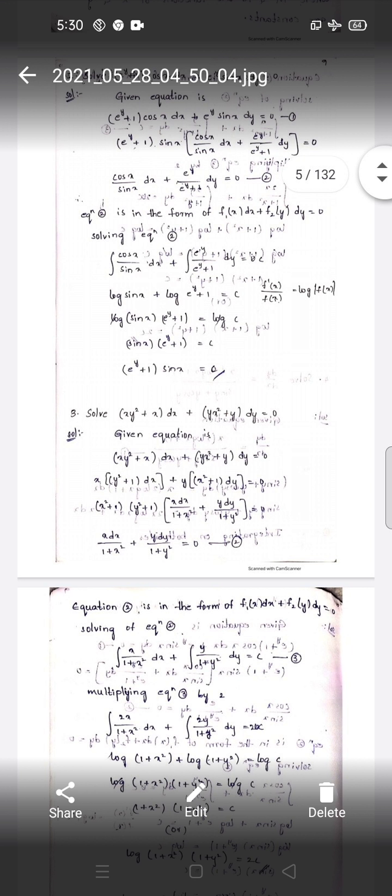Multiply the third equation by 2. So integration of 2x by (1 plus x square) dx plus integration of 2y by (1 plus y square) dy is equal to 2c.